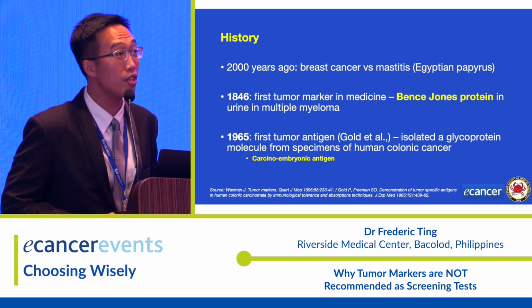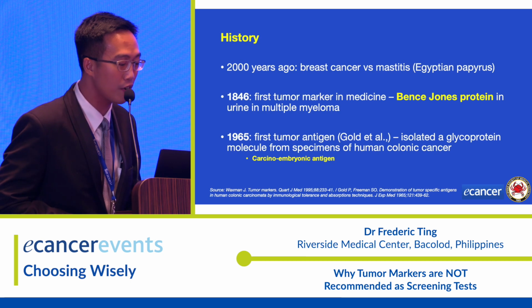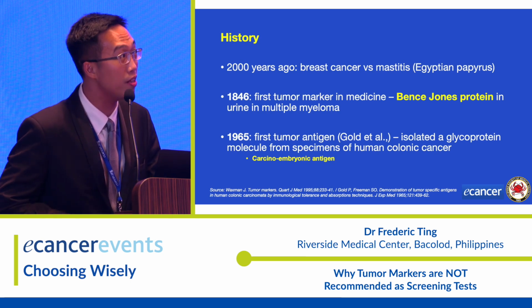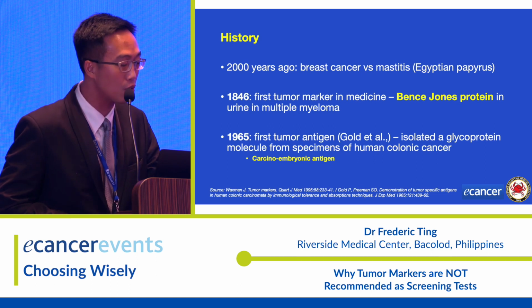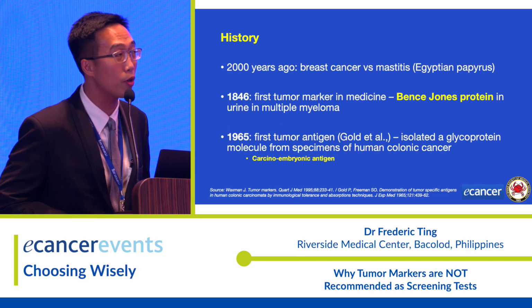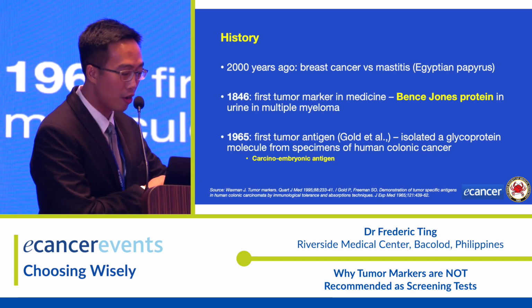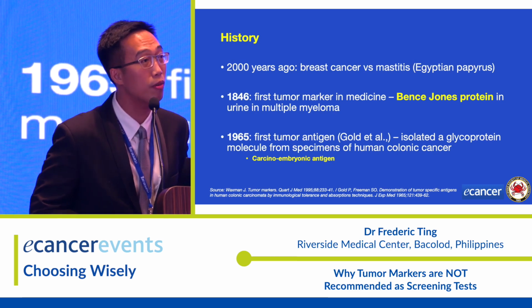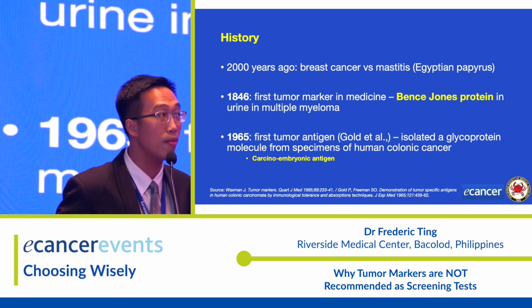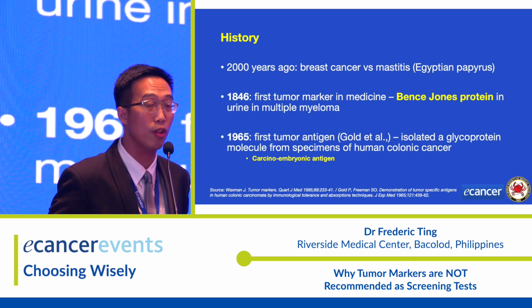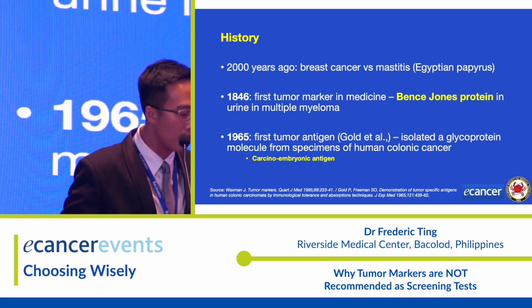Then in 1846, the first tumor marker in medicine was officially discovered in the form of Bence Jones protein, used as part of the diagnostics for patients with multiple myeloma. And in 1965, the first tumor antigen was discovered by Dr. Gold and his team, who isolated a glycoprotein molecule from specimens of human colonic cancer. This is what we now know as CEA, or carcinoembryonic antigen.